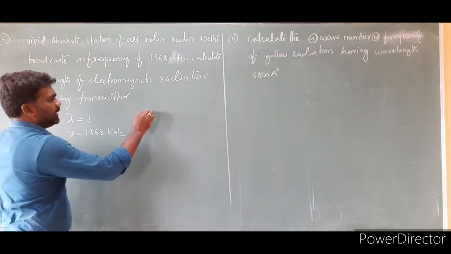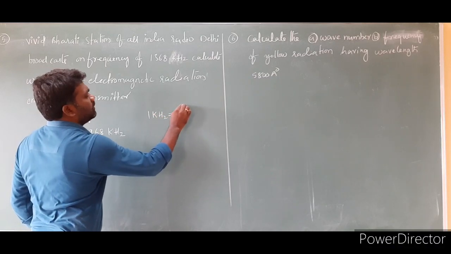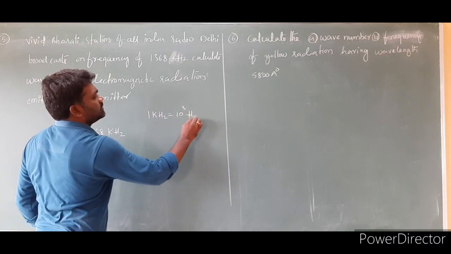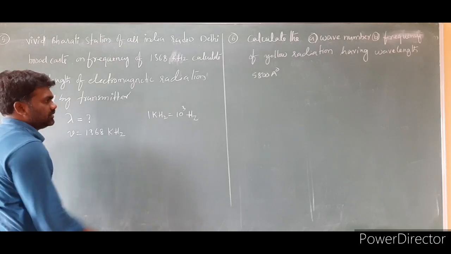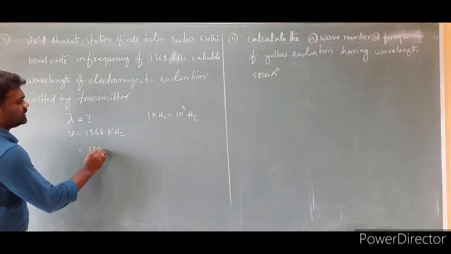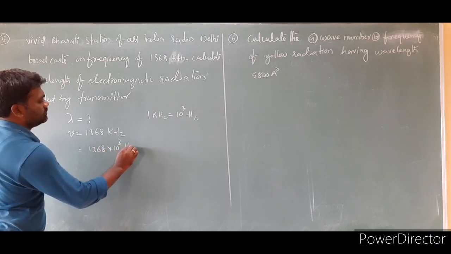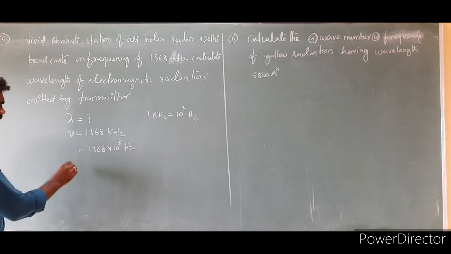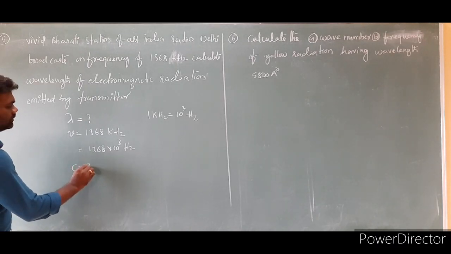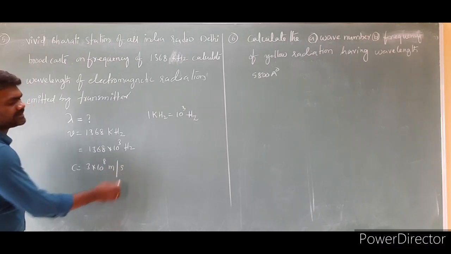And 1 kilohertz is equal to 10 power 3 hertz. Then we can modify it: 1368 into 10 power 3 hertz. Then C is equal to 3 into 10 to the power of 8 meter per second.